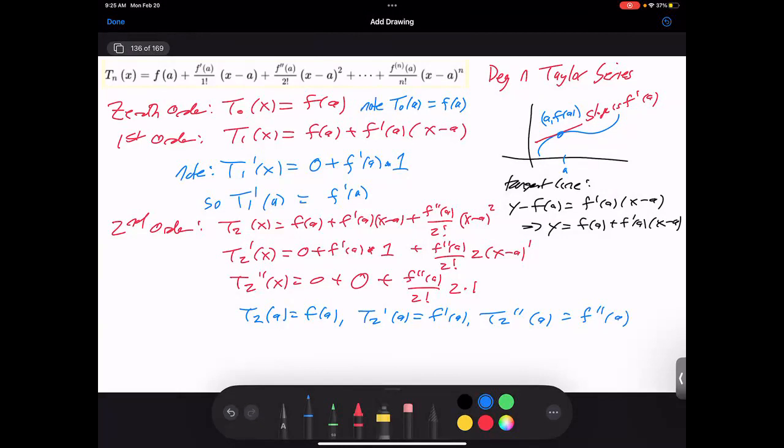If you wanted to do the nth order Taylor series, you would see that the first n derivatives agree at a. So for the nth order, T of a equals f of a, and so on. The nth derivative, and we put the n in parentheses to say the nth derivative, at a is the nth derivative of f at a.